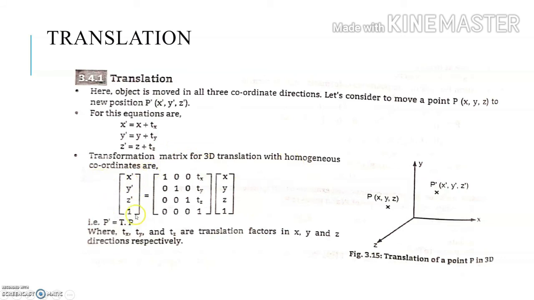Here you just need to remember that you have to consider the 4 coordinates. As you have also studied in 2D, P dash equals T dot P, where Tx, Ty and Tz are the translation factors in x, y and z directions respectively.